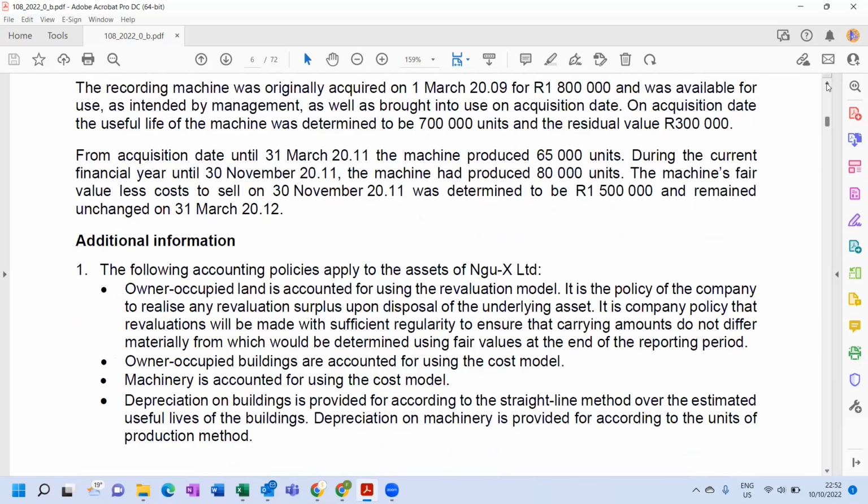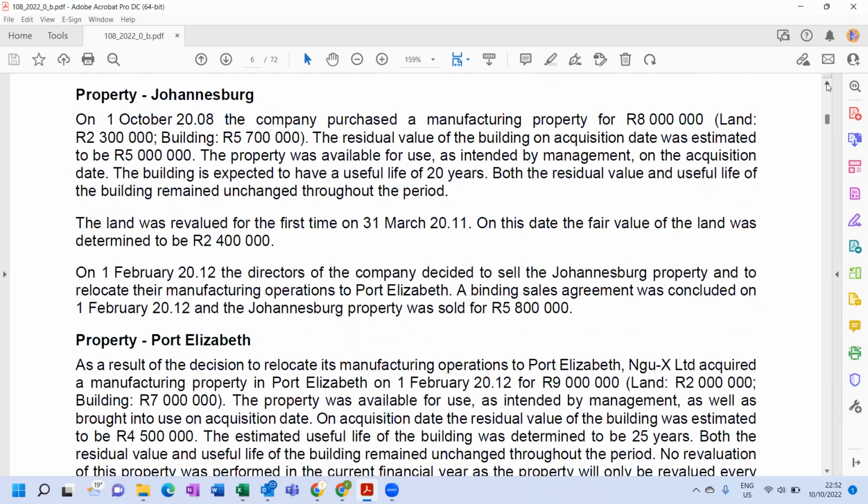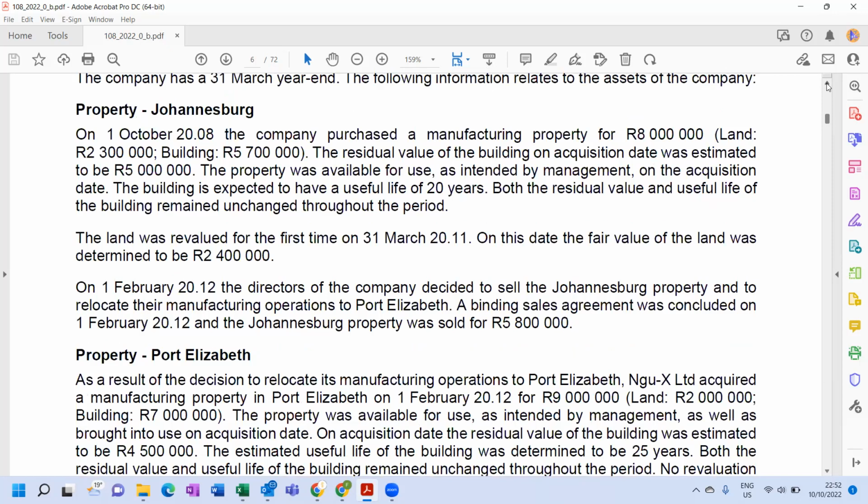If I look at Johannesburg, I won't include Johannesburg, because there's no property at 31 March 2012. If I had to work out the movement, then I would have to have a deferred tax calculation at 31 March 2011 and 31 March 2012, and then I would have Johannesburg.